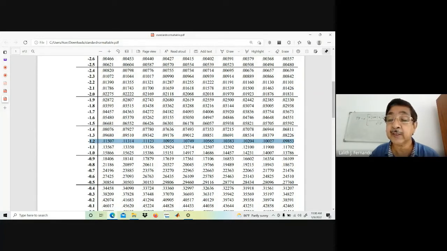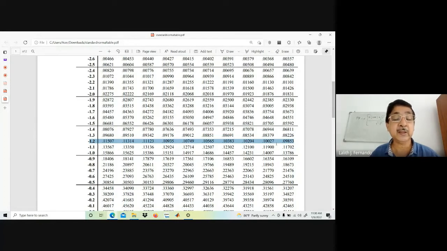Then the next decimal we have to find, because you have a difference of 0.00027 here, and the total difference is 0.00174. So then you get 0.155, so it is minus 1.285 or so.